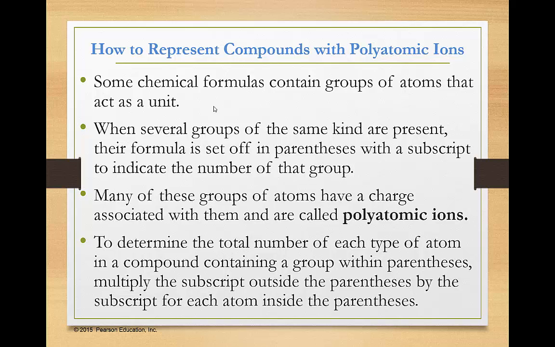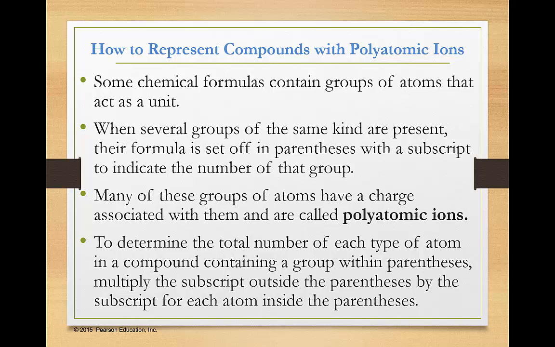Okay. Now, those groups of atoms, as I said, very often have a charge associated with them. That's what makes them a polyatomic ion. Ion has a charge. Poly just means many, many atoms. So it's got more than just the one atom in there. Now, to determine the total number of each type of atom in that compound, where you have a group in parentheses, what you're going to have to do is multiply that subscript.